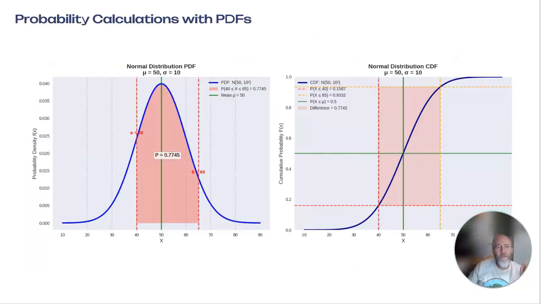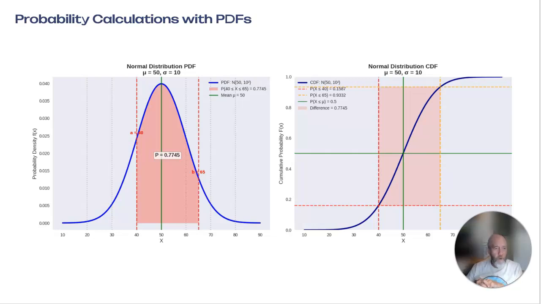So let's just look at a really simple example here. These are typical probability distribution functions of the most common, the good old normal distribution. If you look at this, you'll see we're looking at values between 40 and 65.